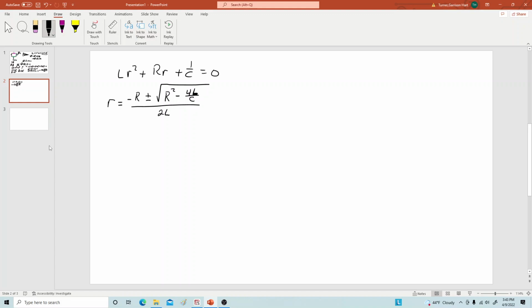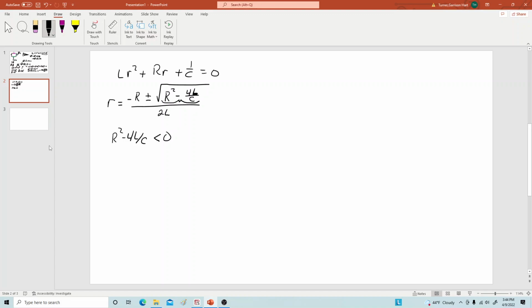And so what's going to happen here? Well, the interesting part is right here. If this quantity is less than 0, then I'm going to get a negative sign in here.